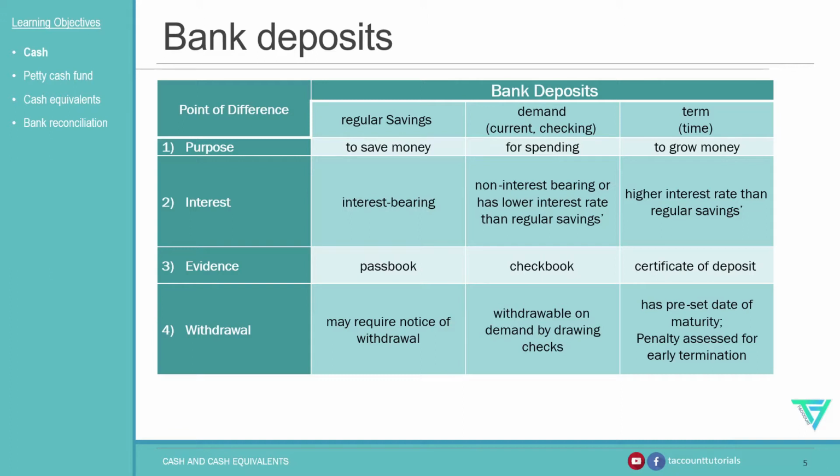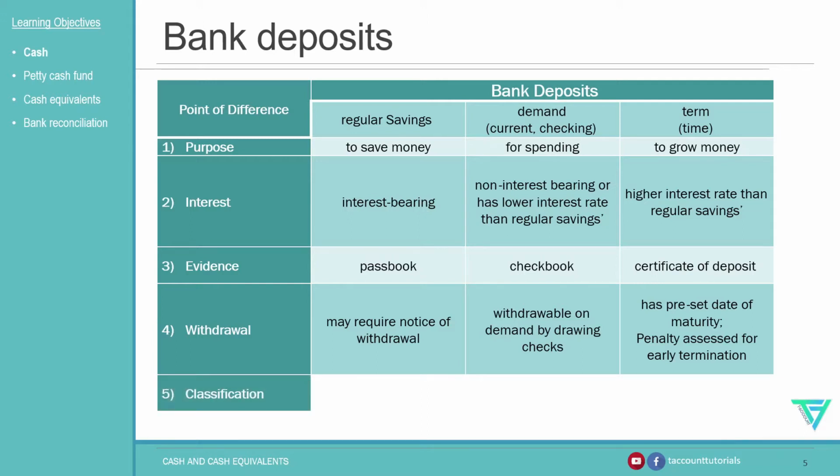Usually the term of time deposit is 5 years, 10 years. And if it is terminated before its maturity date, there may be penalty assessed. It includes charges and also the interest income may be subject to taxes.